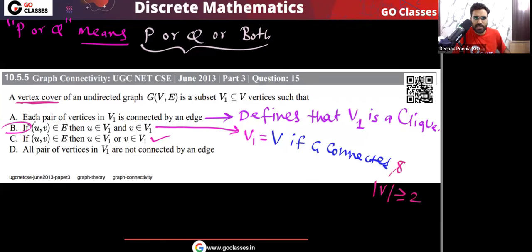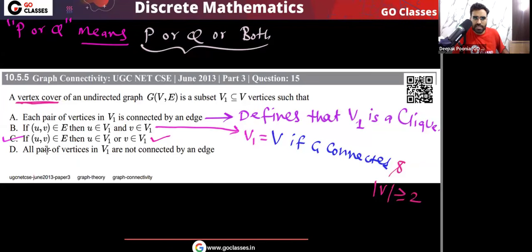Because option B is saying that whatever edge you take, both its endpoints will belong to V1. So if your graph is connected and we have at least two vertices, then definitely this V1 will become the same as the set of vertices. So definitely it does not define the vertex cover.